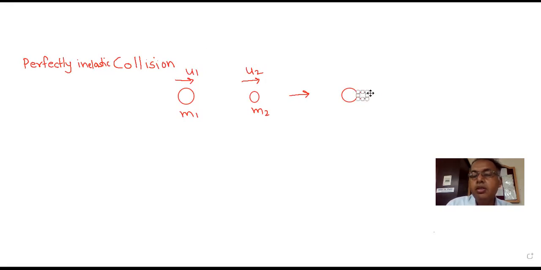Okay, so they are stuck असं आपण गृहीत धरूया आणि now they would be moving with a common velocity. काय होणार आहे, they would move with a common velocity. Let us call this as v. म्हणजे v म्हणजे काय, तर v means ह्याची velocity, final velocity which is v1 आणि ह्याची final velocity v2, that would be same आणि आपण त्याला v असं म्हणूया. So they would stick together and then they would continue moving.